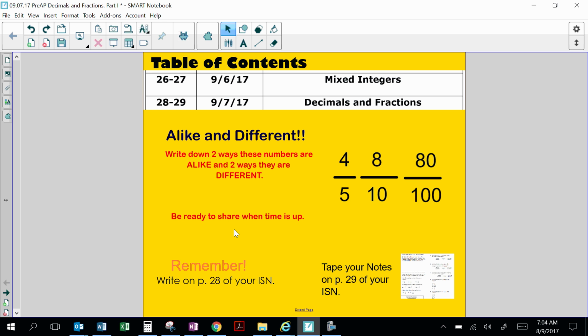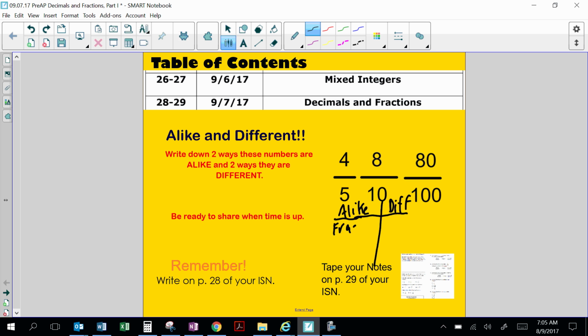So I see the fractions 4/5, 8/10, and 80/100ths. I'm going to create a chart, alike and different. What makes them alike? Well, they are fractions.